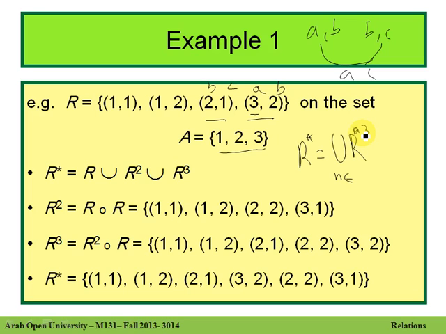Can't we take (1, 2) and (3, 2)? We can. Why is it (3, 1) and not (1, 3)? What is required here? What is the rule? (A, B), (B, C). If there is (A, B) and (B, C), then there should be (A, C). We take the first element from the first and the last element from the second.